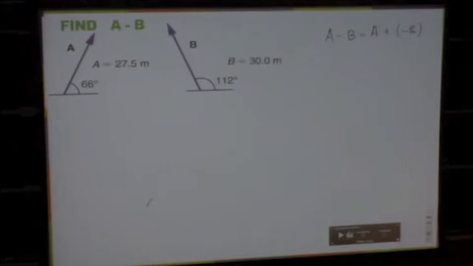Well, that is A. Do we have a negative B? Not yet. So what do we have to do? We have to draw it. By definition, it must have the same magnitude as B, but it has to be opposite to it. So that's negative B.